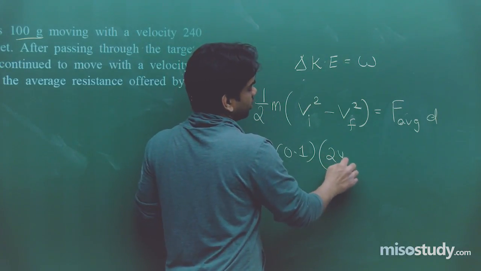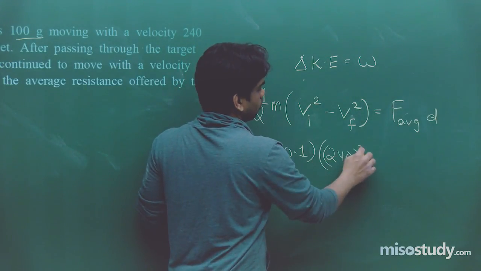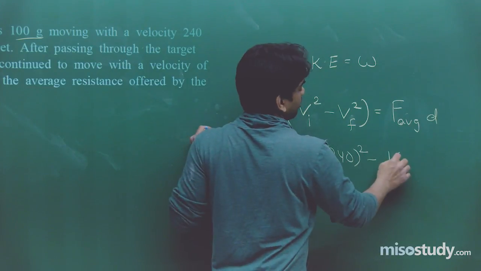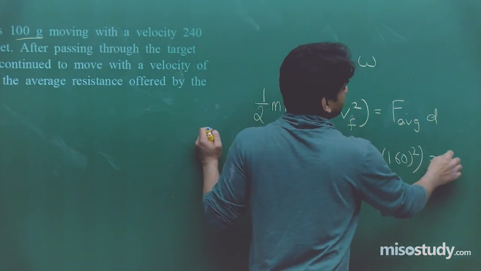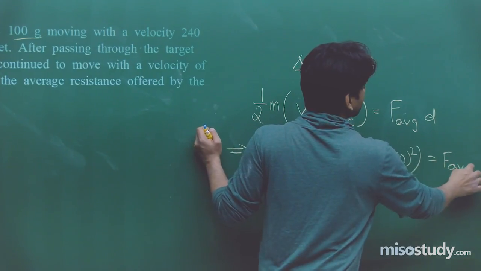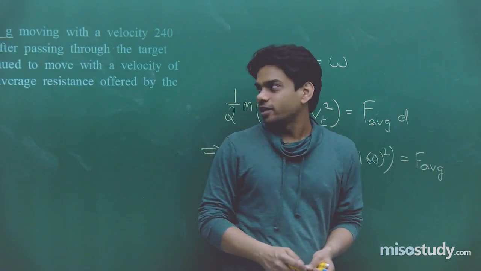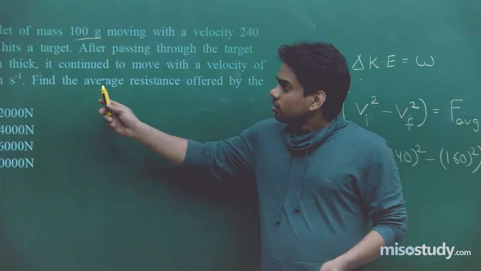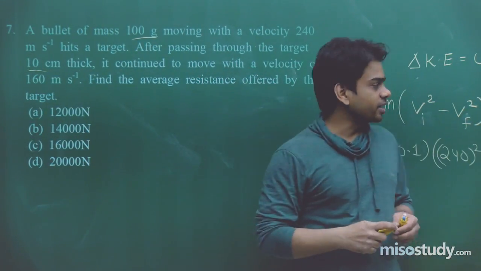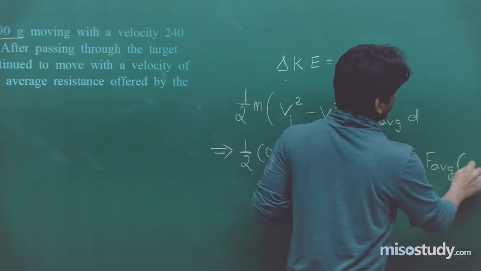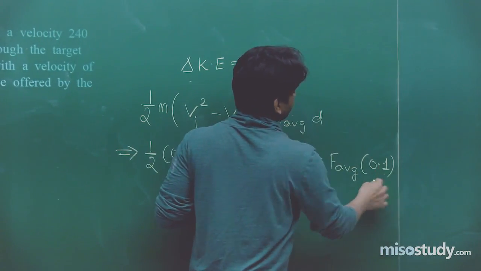Initial velocity is 240 whole square minus 160 whole square. F average we need to find out, and it goes for 10 centimeter inside the block. After passing through the target 10 centimeter thick, so we have to use d as 0.1 meter.